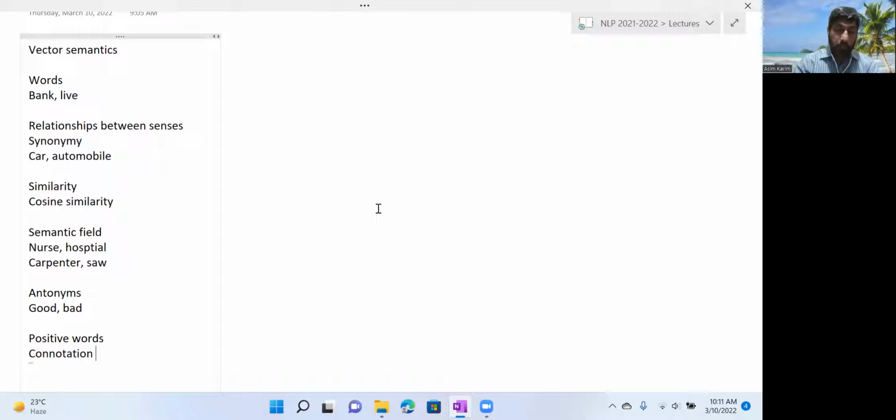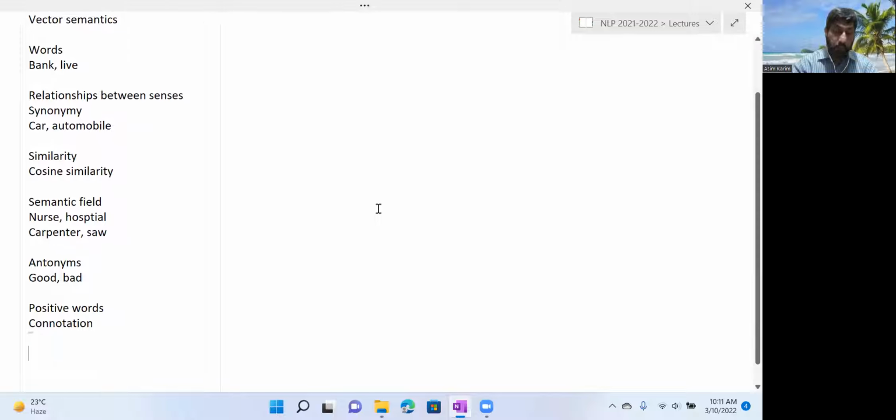But the point that I wanted to highlight is that the more general term is relatedness rather than similarity in the context of NLP. So we are more interested in relatedness rather than similarity. Why?